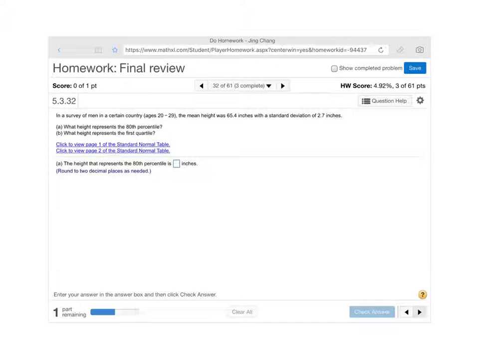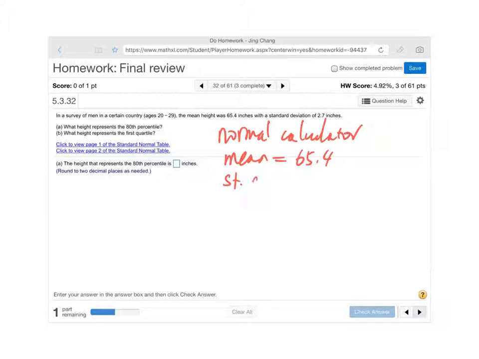Okay, this problem is still related to the normal distribution, and we'll still use the normal calculator. Here the mean is 65.4 inches, and the standard deviation is 2.7 inches.